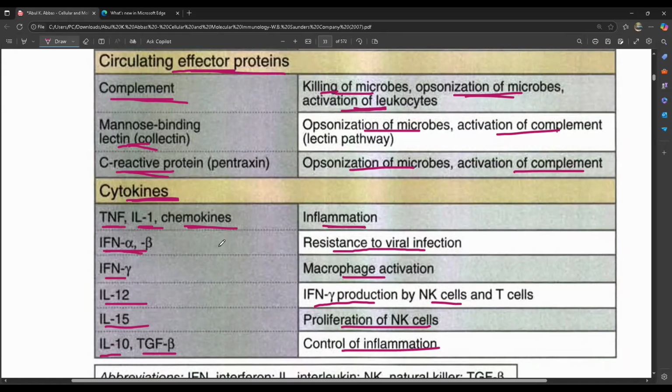Interferon alpha and beta help develop resistance to viral infection, and interferon gamma helps in macrophage activation. Interleukin 12 helps in interferon gamma production by natural killer cells and T cells, interleukin 15 helps in proliferation of natural killer cells, and interleukin 10 and tumor growth factor beta control inflammation.